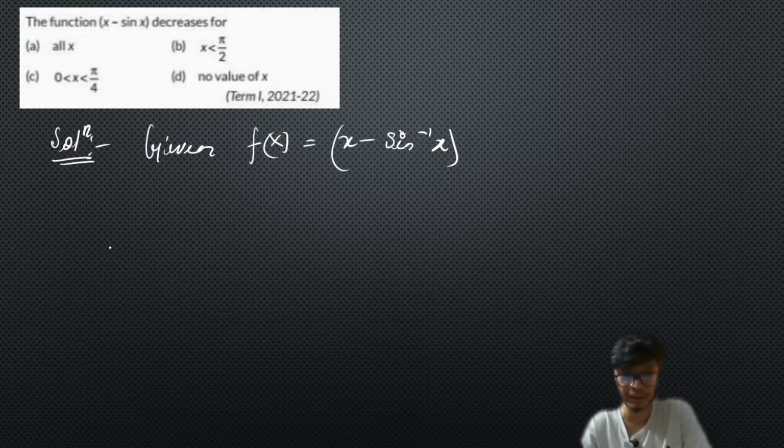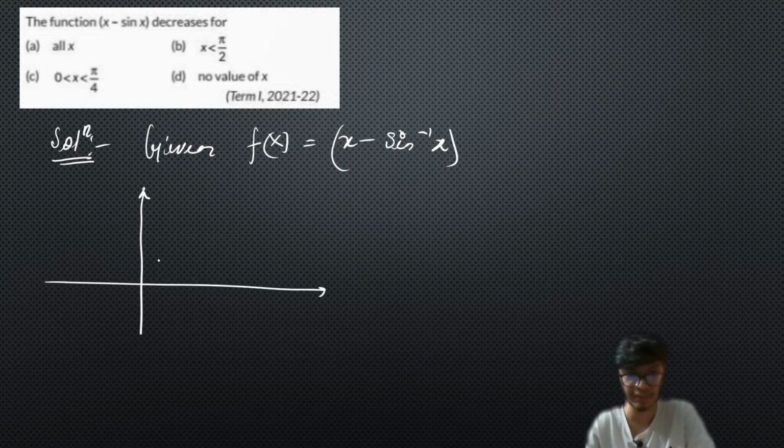So how do we find increasing or decreasing nature? Let me take a simple graph of a function to explain. This is an increasing function. At each interval, if you calculate the slope of the tangent, it is going to increase.